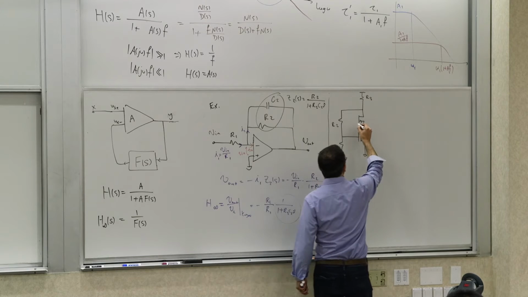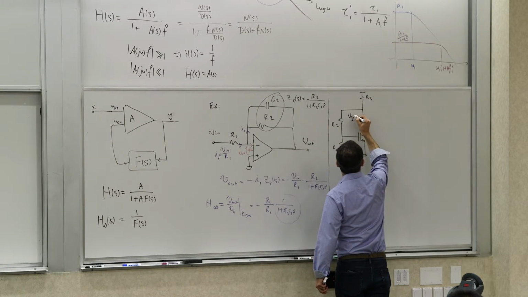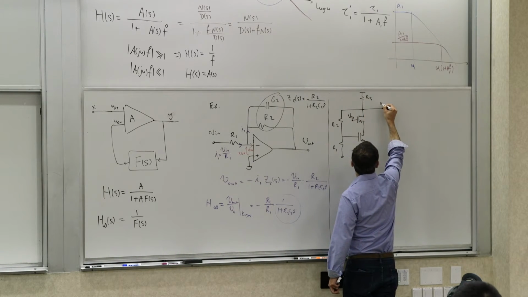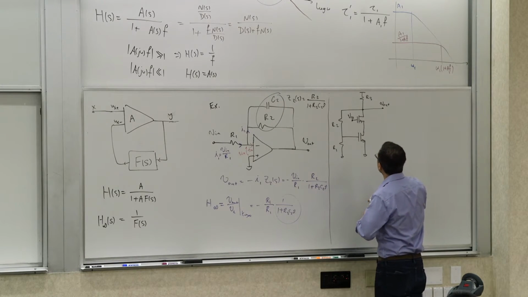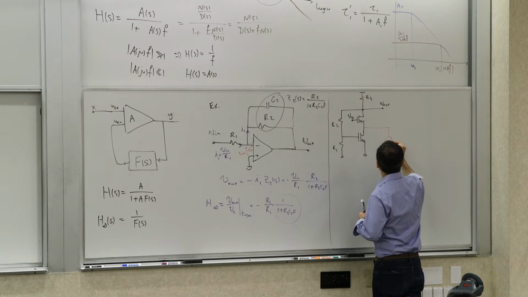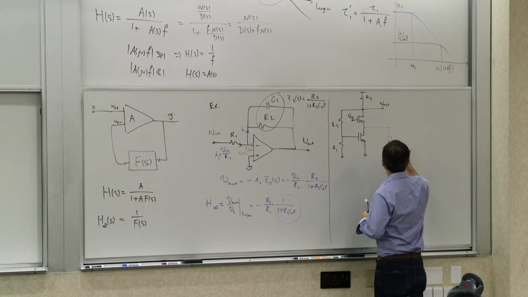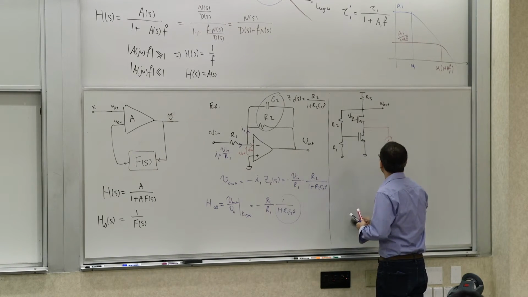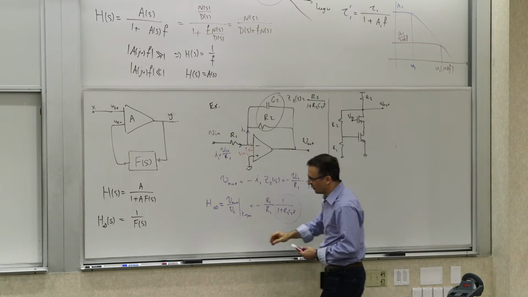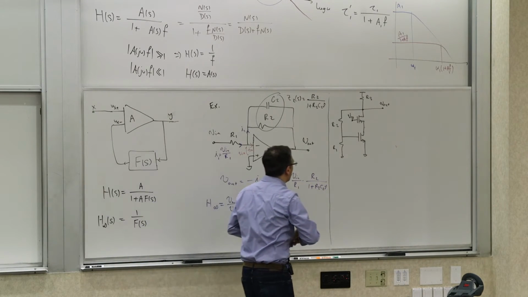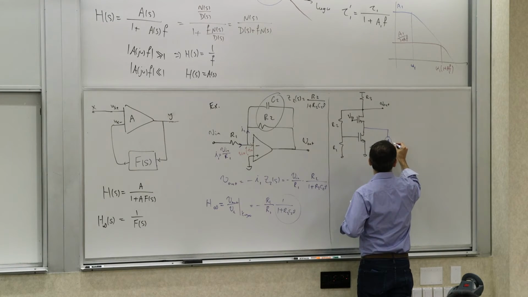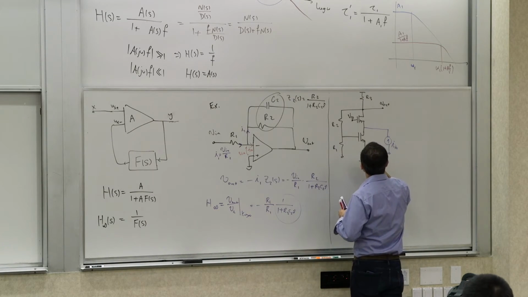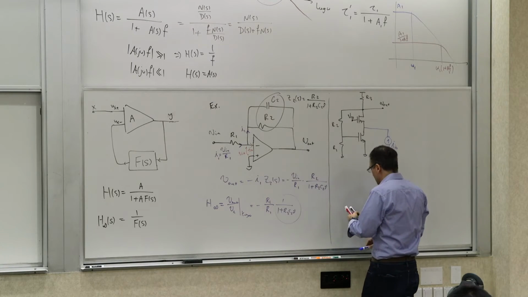And this was V out, and this is some V bias, some fixed voltage. We had an input current source I in. It's a transimpedance amplifier. I in, and we have a voltage output.